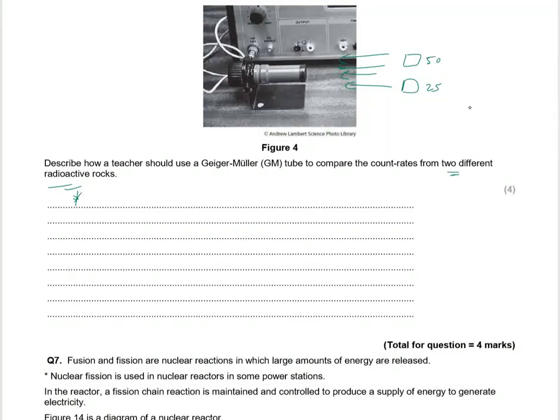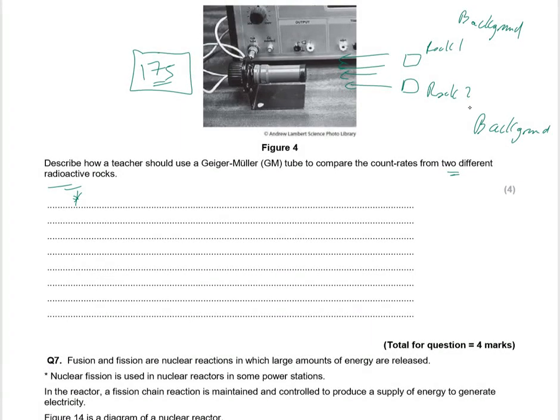But what I'm reading on my screen, I'll be getting 75, and I have no idea which one is which. Okay, because I don't see 50 and 25. All I see is everything together. Now, what I want to know is how much is rock 1, how much is rock 2. Okay, now remember, this number here will be higher. Let's say, for example, it's going to be 175 because of the background as well. So background somewhere here.